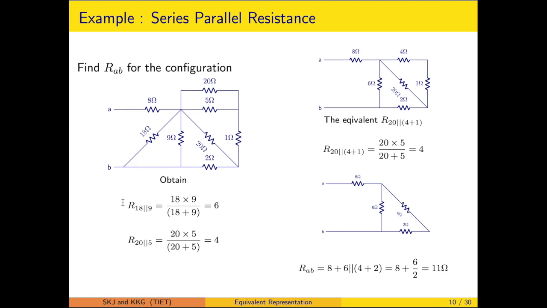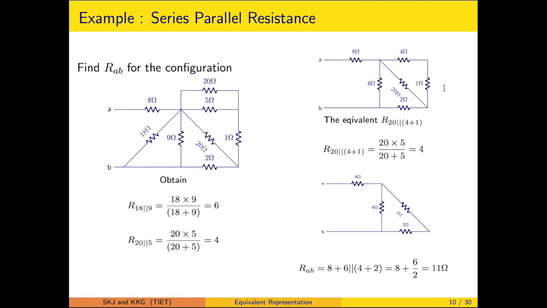Because of these two parallel equivalents, you have calculated the resistances. 20 and 5 in parallel result in 4 ohm, while 18 and 9 ohm result in 6 ohm. So now this circuit looks a little simplified.